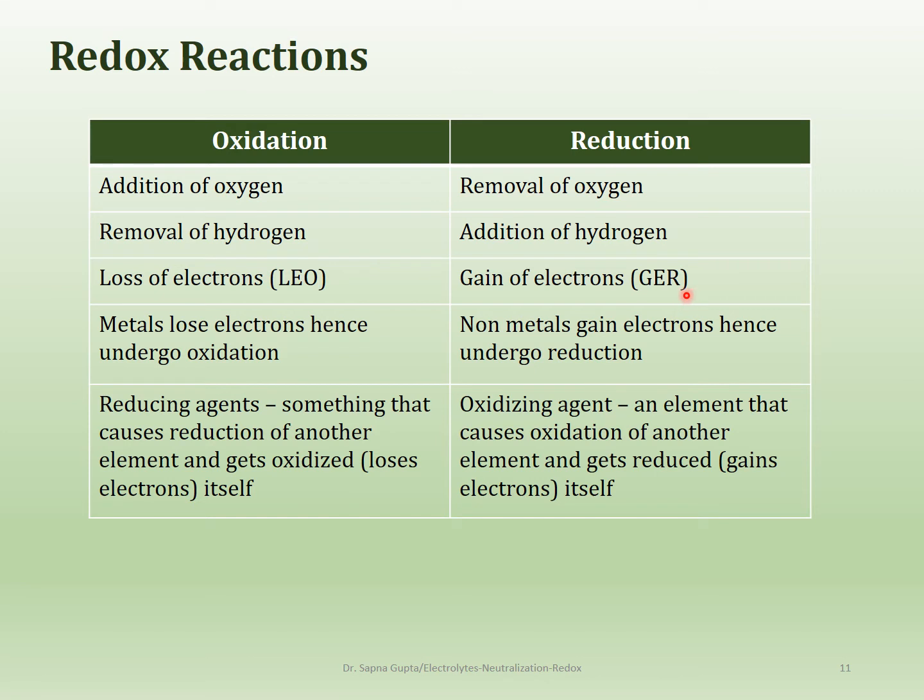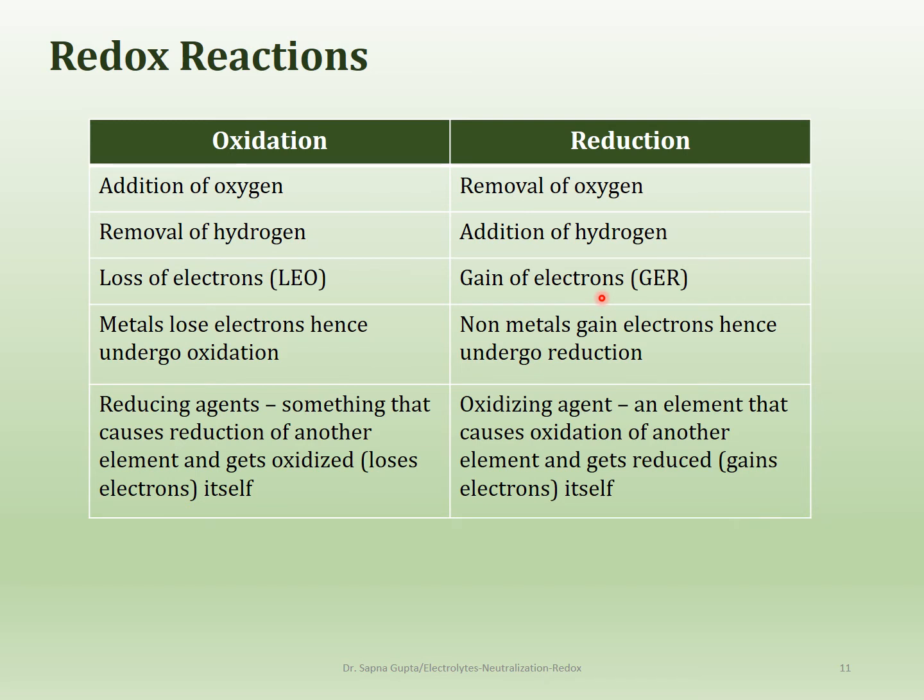This LEO and GER are very easy ways of remembering what is going on as far as oxidation and reduction are concerned with electrons. Loss of electrons is oxidation, LEO. Gain of electrons is reduction, GER. LEO goes GER. Anyhow, the loss of electrons is oxidation, and gain of electrons is reduction. So these are your three definitions that you need to know.